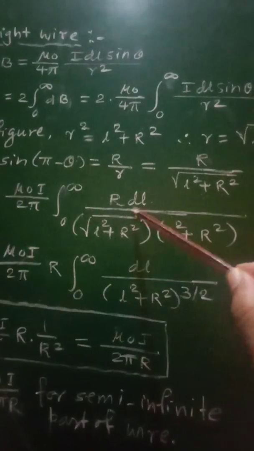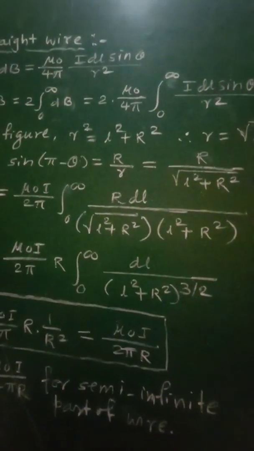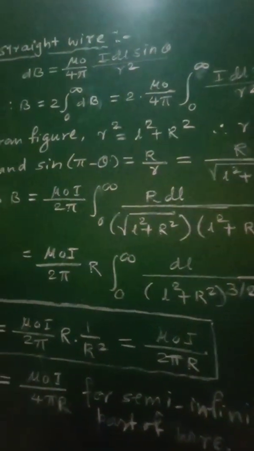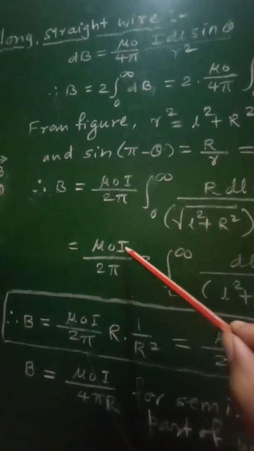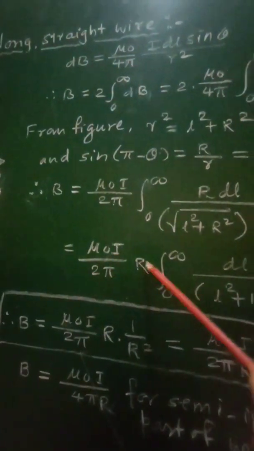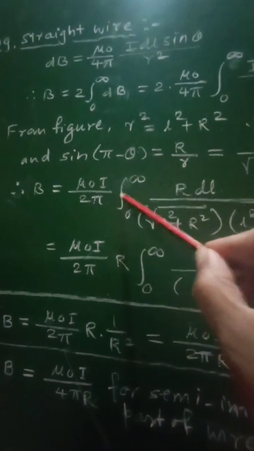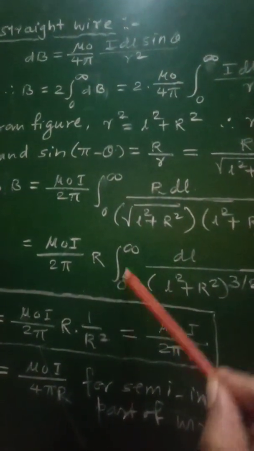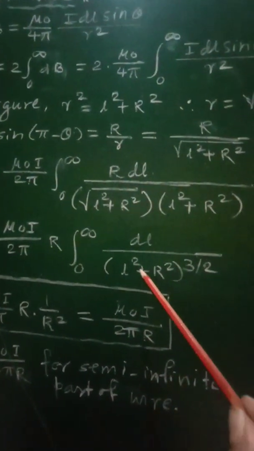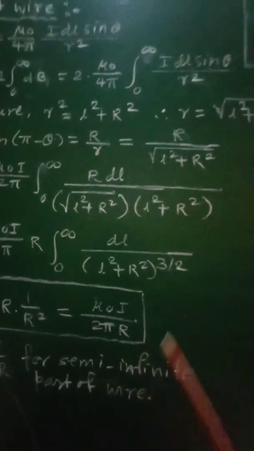Here we have considered sine of pi minus theta instead of sine theta, and therefore B will be equal to mu 0 I upon 2 pi into R. This R is constant, taken out of integration, and integration 0 to infinity dl upon L square plus R square raised to 3 by 2.